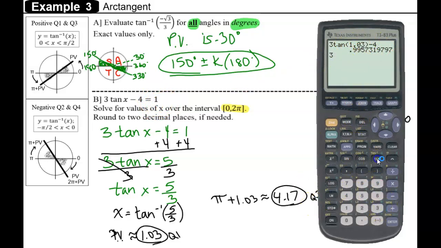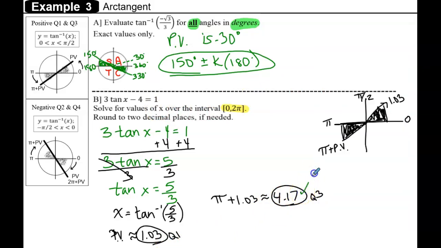Now we'll check the quadrant 3 angle, 4.17. And again, our answer rounds to 1. It's not going to be exactly 1 because we used a rounded decimal when we substituted, but we can see that both of these solutions, 1.03 and 4.17, check.